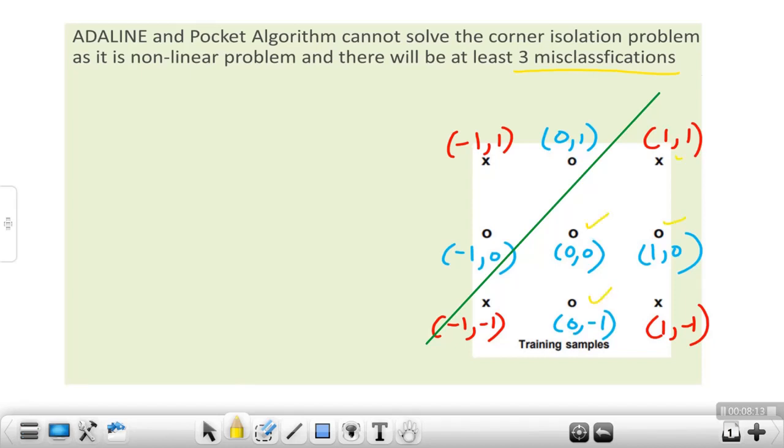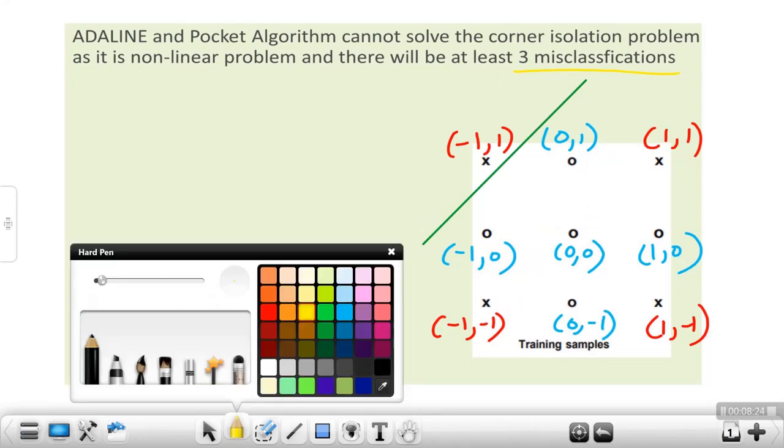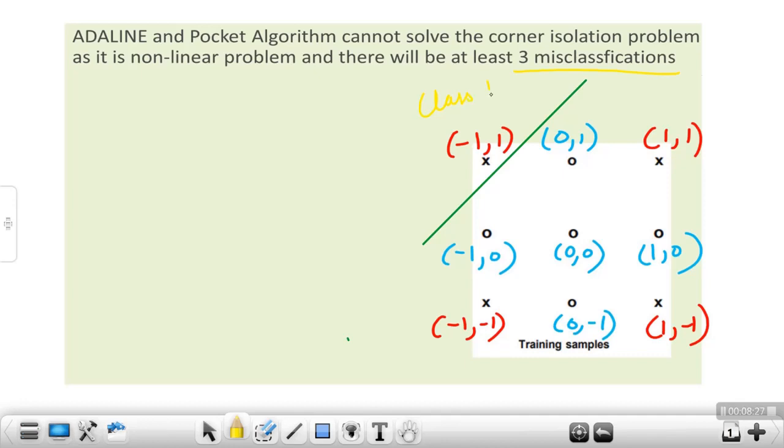Now if you take any other line, say a line like this, it is not even classifying, because both classes have equal points on each side, so it is not going to do any classification here. If you take a line here, all patterns of class 1 are on this side and all patterns of class 2 on this side, but this one is misclassified.